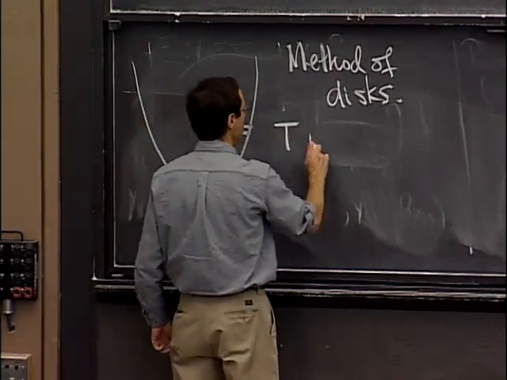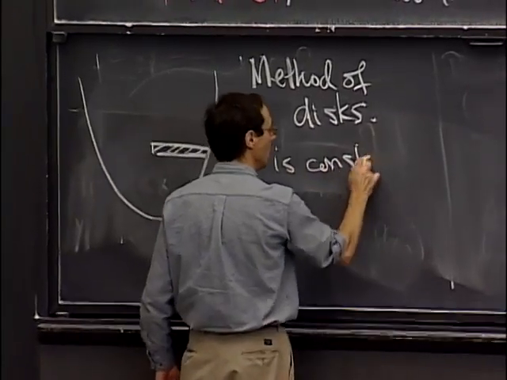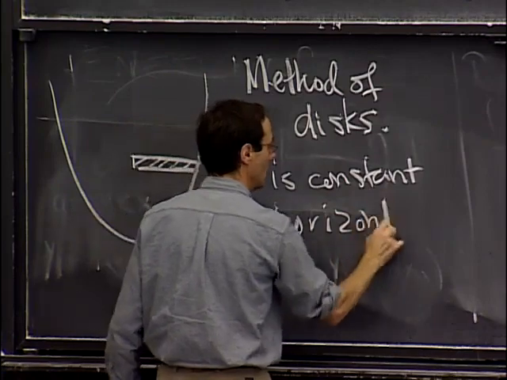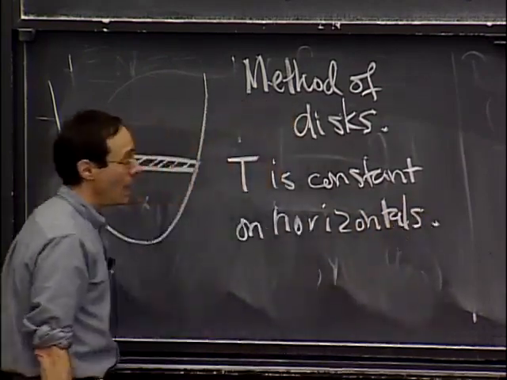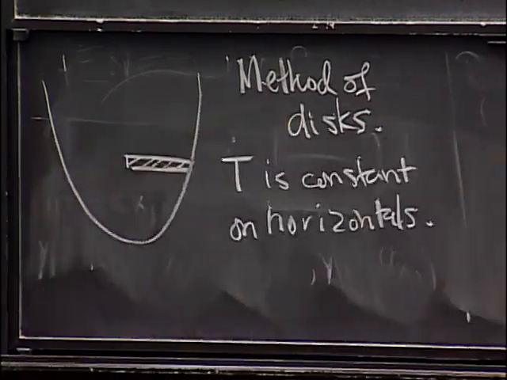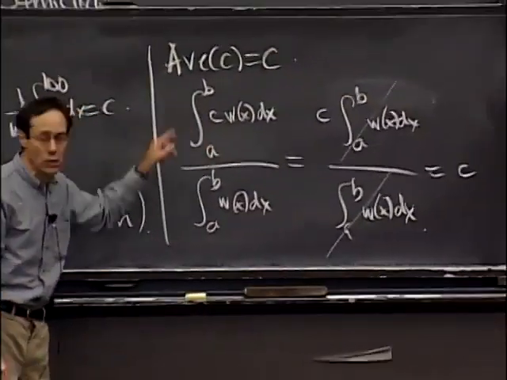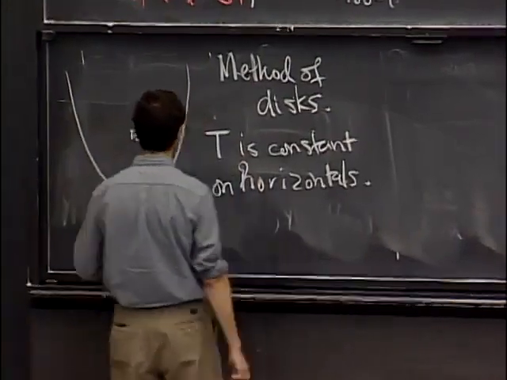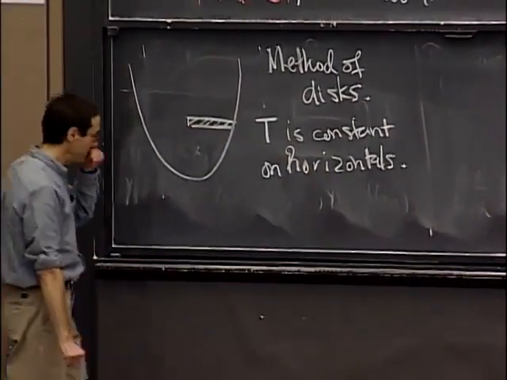So T is constant on horizontals. Actually, in disguise, this is that same trick that we have here. We can factor constants out of integrals. You could view it as an integral, but the point is that it's more elementary than that. All right.